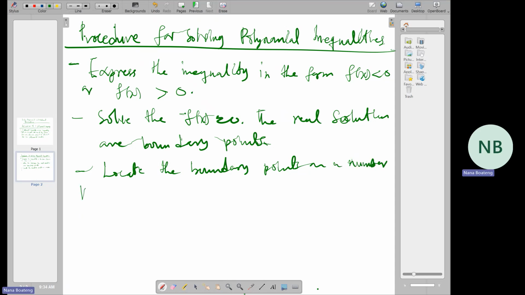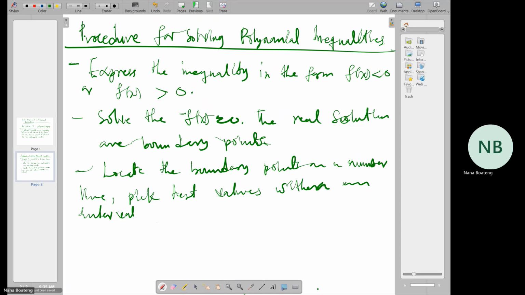And the next thing is we have to locate the boundary points on the number line and pick test values. Pick test values within an interval of the boundary points.